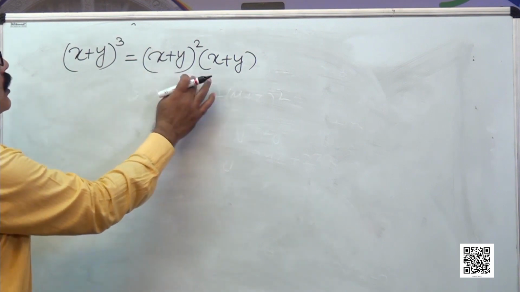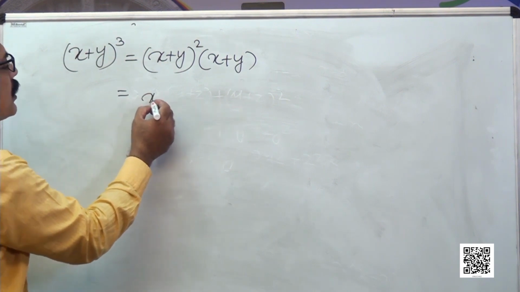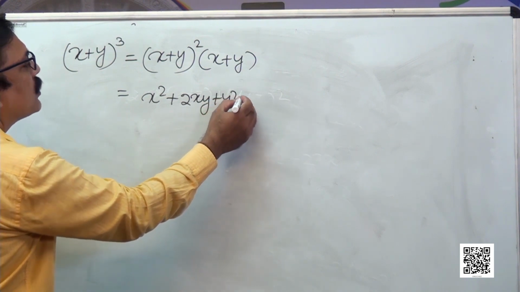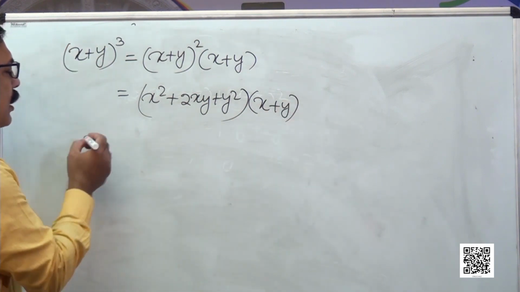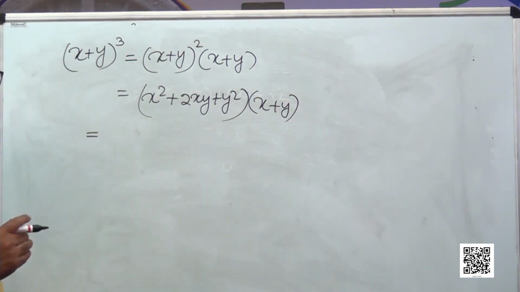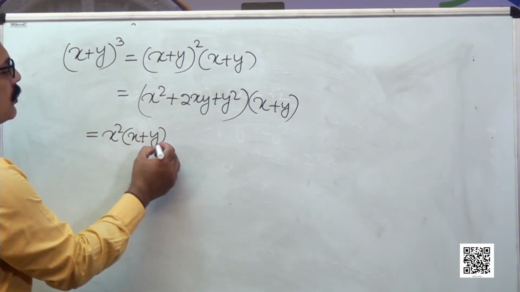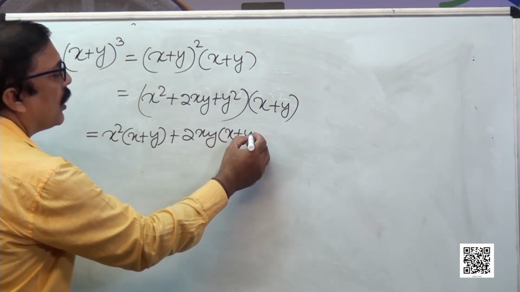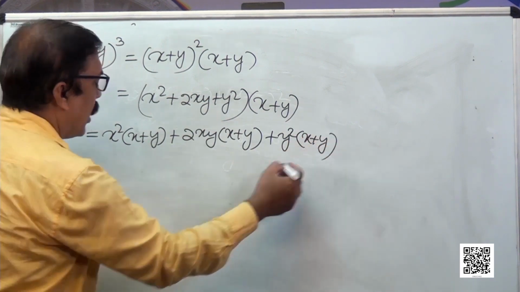Now the identity gives (x plus y) whole square, that is x square plus 2xy plus y square. This is to be multiplied with x plus y. By taking the distributive property: x square into (x plus y) plus 2xy into (x plus y) plus y square into (x plus y).